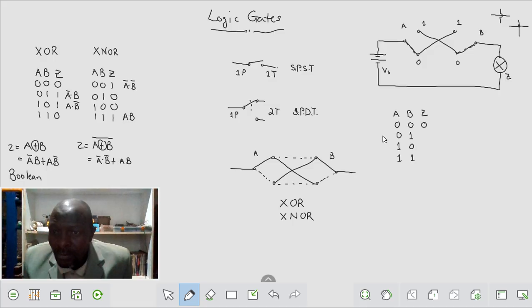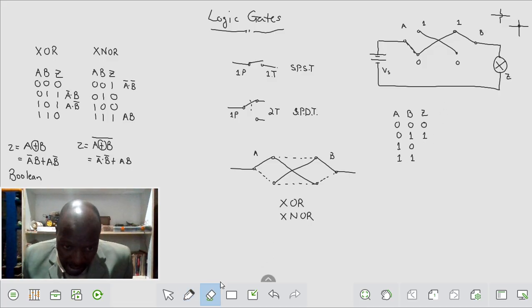Okay. Now, if we then have the second switch on a high, now you can see that our circuit is closed, and therefore power will go through our output and our output will go on.